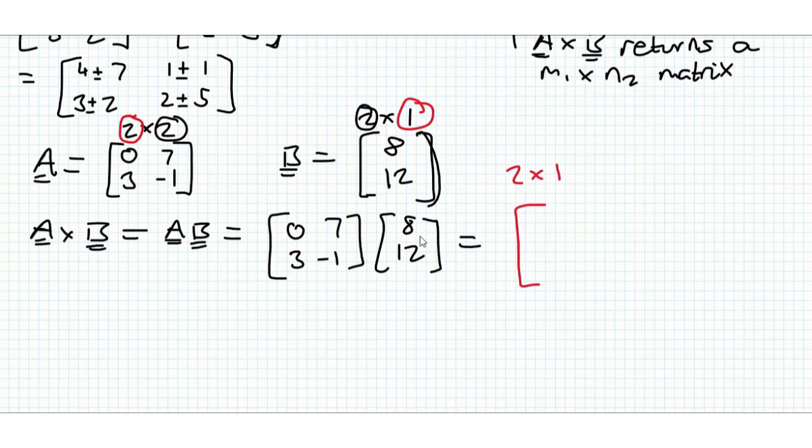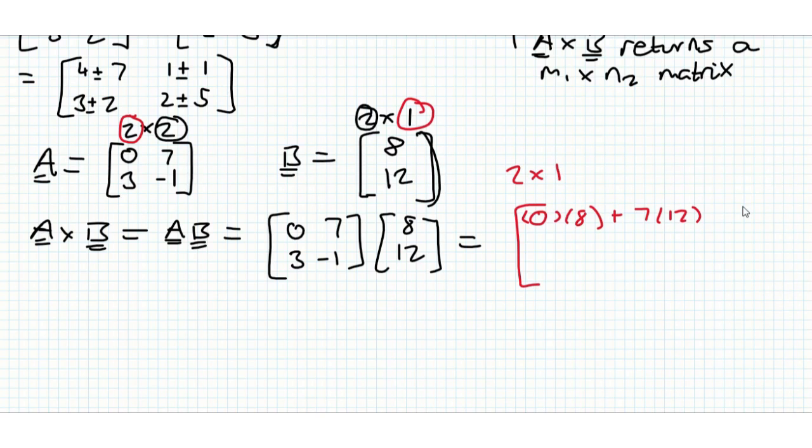Okay, so for the element in row 1 and column 1 of our new matrix, we perform the dot product between row 1 of the first matrix and column 1 of the second matrix, which is 0 times 8 plus 7 times 12. If you're not familiar with the dot product, be sure to go and revise your vectors.